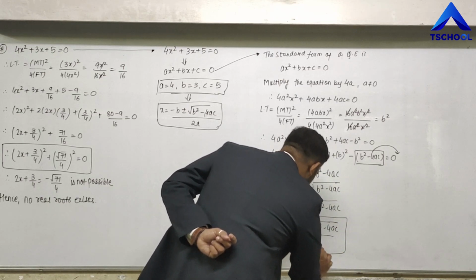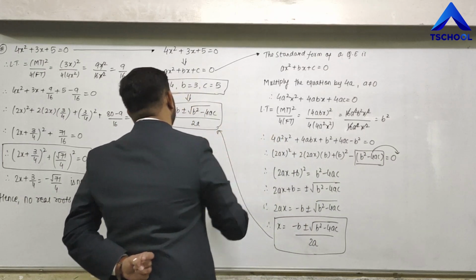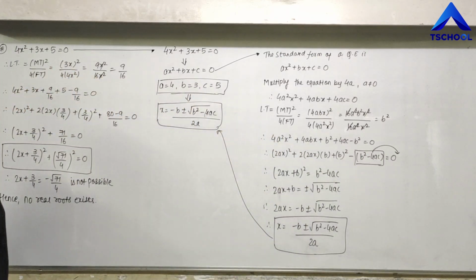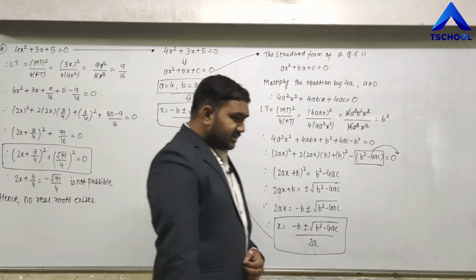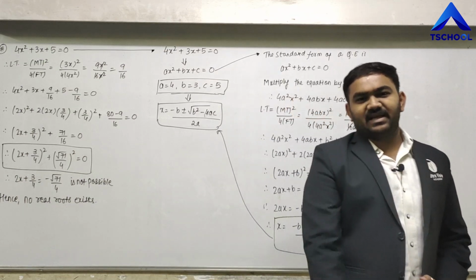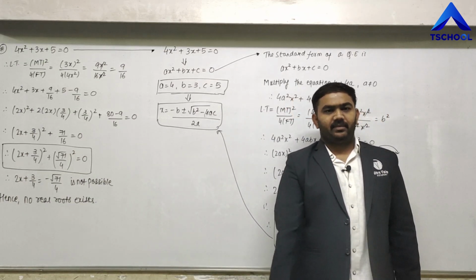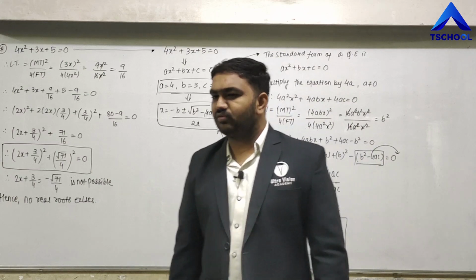So this is the quadratic formula that I have written over here, that is minus b plus or minus root b square minus 4ac upon 2a, right? This question was asked in the recent examination, the previous board examination 2020.